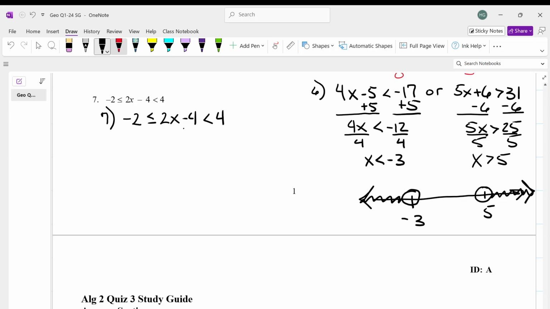So we start by adding 4 to the middle, to the right side, and to the left side. So negative 2 plus 4 is 2. It's less than or equal to 2x, which is less than 4 plus 4, which is 8.